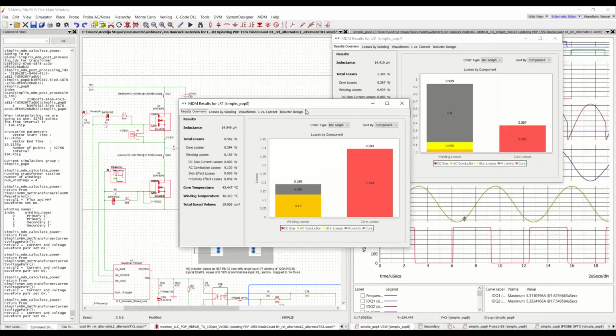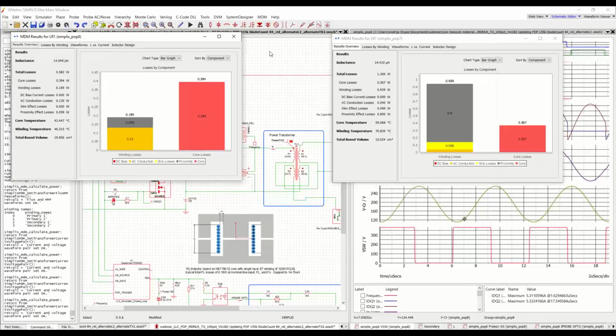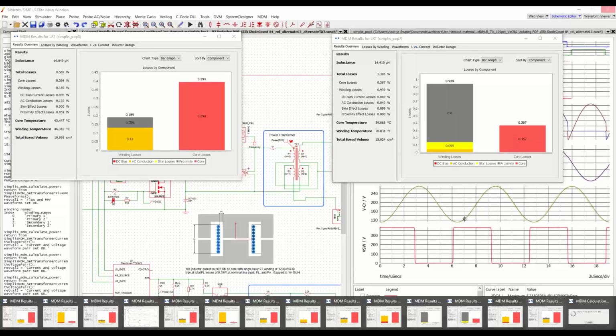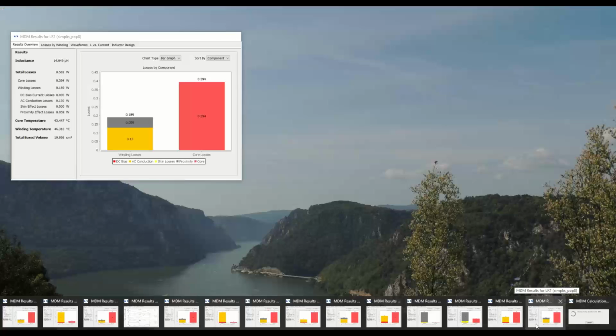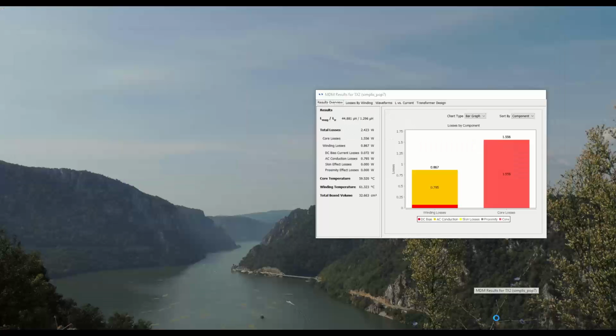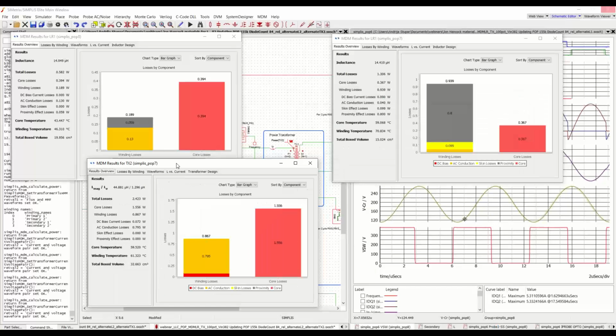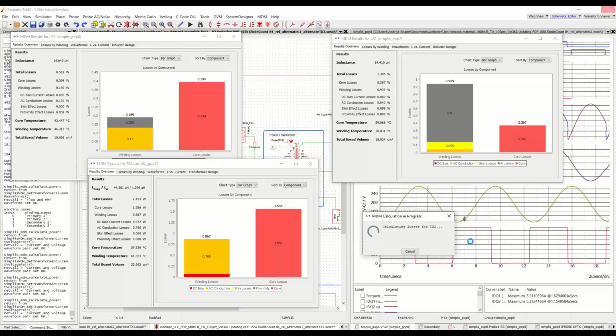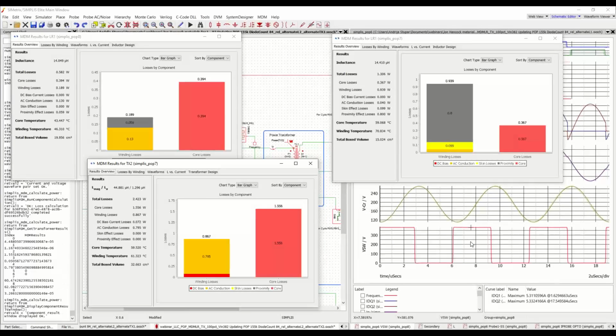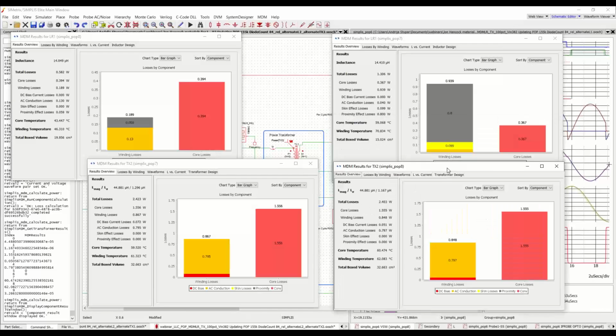So the inductor is the same. And again, it's taking a bit longer because we've increased that foil area, and now we have to spend more time processing it.